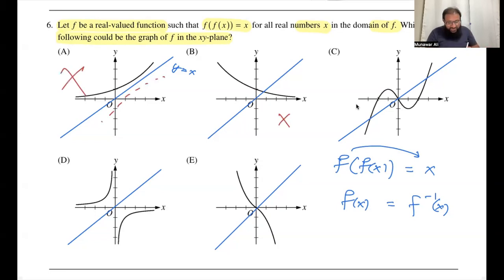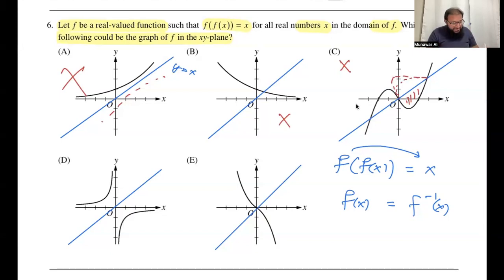And option C is also not correct. The reason is the reflection of, let's say, this part should be something like this, or maybe a little bit like this, but it's not exactly the same that we need.